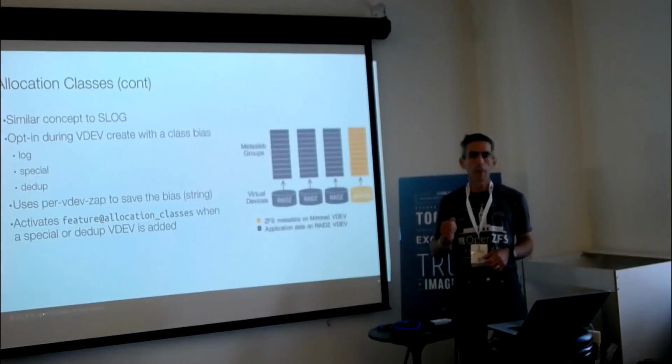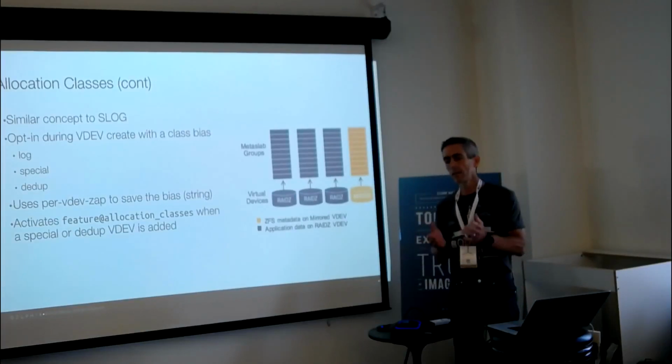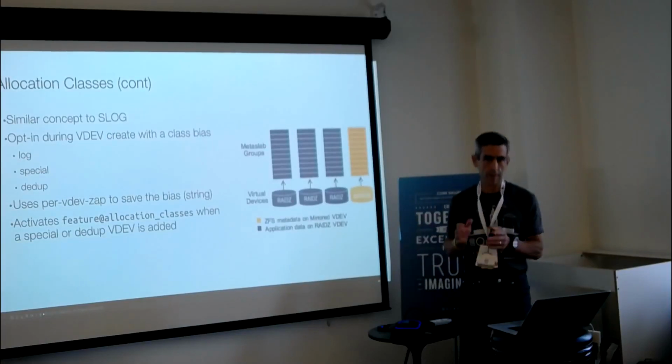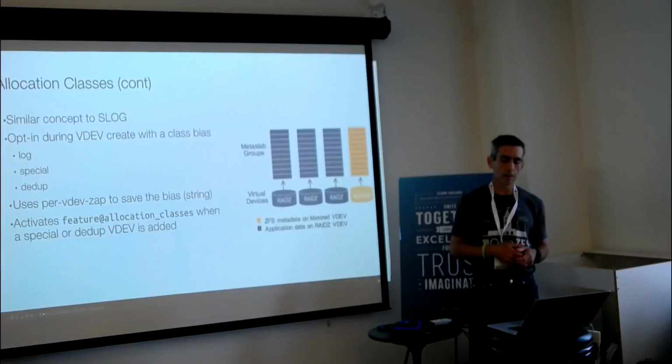So how many here are familiar with a slog and what that is? Okay. The slog in essence is the log data. You want to put that into a special tier, most likely an SSD. It's highly transient data, sensitive to latency and IOPS, and so we have that convention in ZFS today.